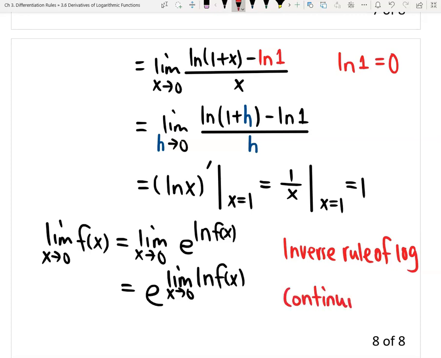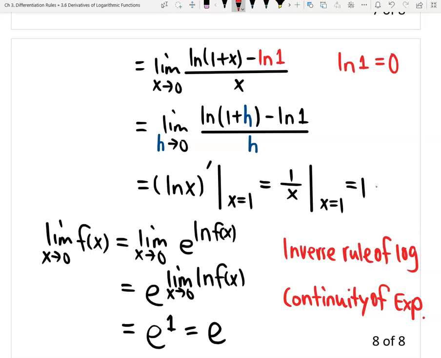This is the continuity of the exponential function. Now, because we found that limit is 1, we plug 1 back here. So this is e to the 1st power. Therefore, the final answer is e.